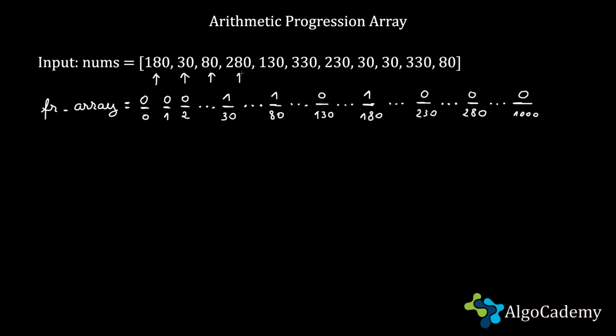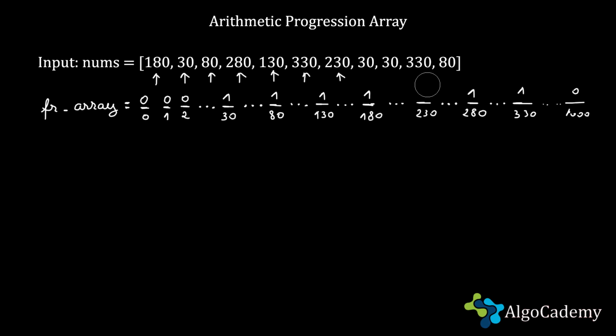Then I have 280, marked as true. Then I have 130, marked as true. 330. Oh, I missed 330. No problem, let's say this was 330. And somewhere here it is 1000, which is 0. So this is 1 also.